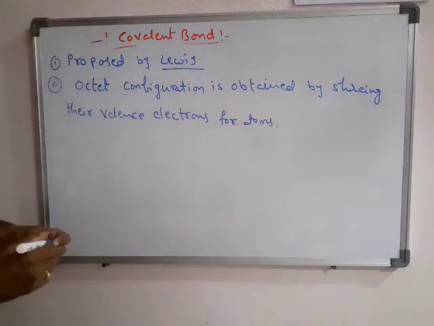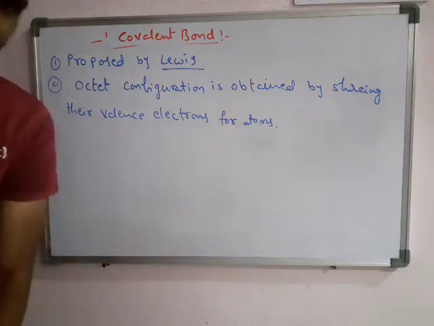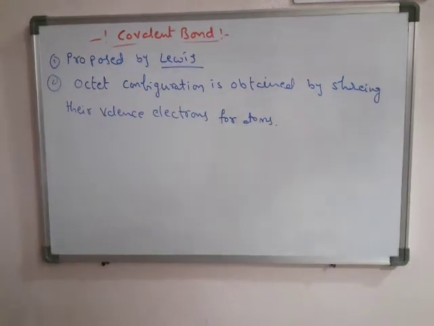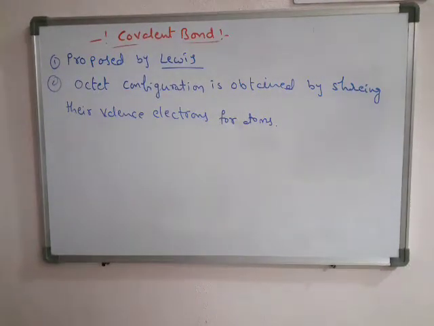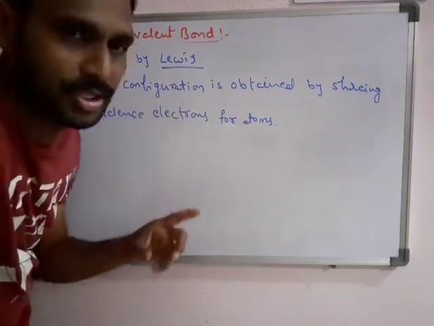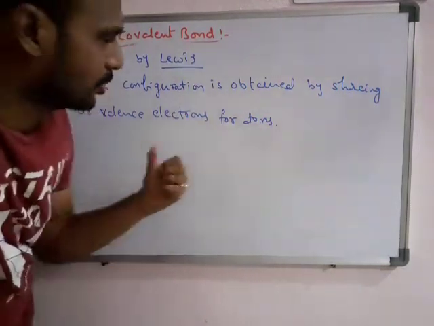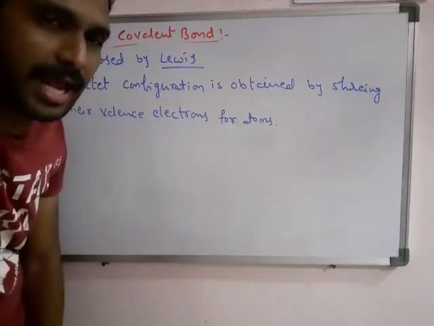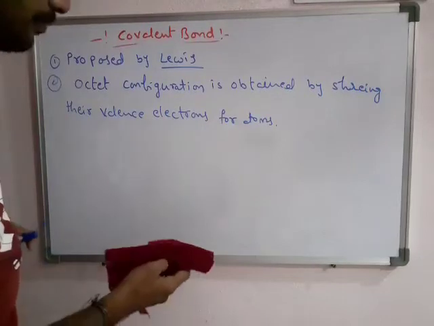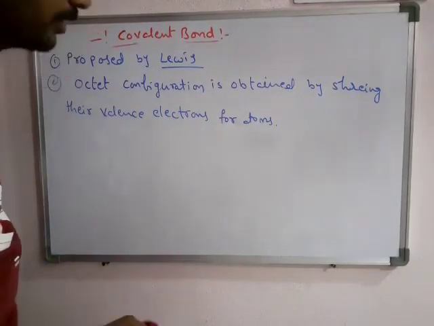Apart from gaining and losing, another chance to get the octet configuration, as given by Lewis, is that the octet configuration is obtained by sharing the valence electrons of atoms. Now we see the definition and examples for covalent bond.